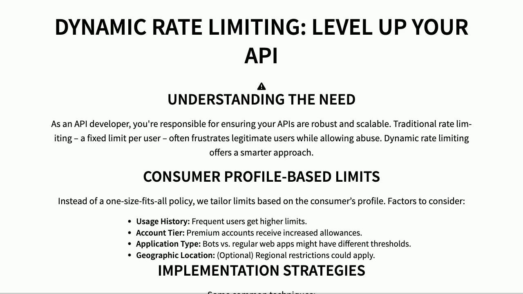We can look at things like how often they're using the API, their account level, and even where they're connecting from. There are different ways to implement this, from simple sliding windows that adjust over time to tiered systems with multiple limit levels, and even more advanced approaches using machine learning to predict optimal limits. Essentially, it's about giving the right users the right amount of access while protecting our system.